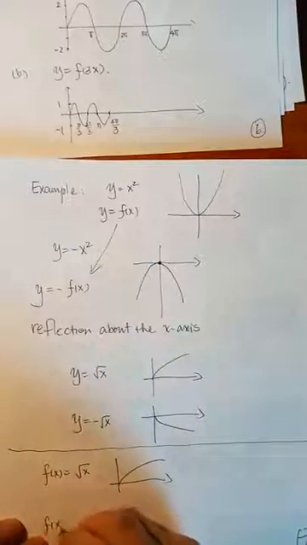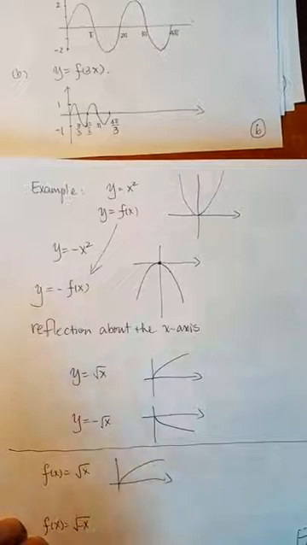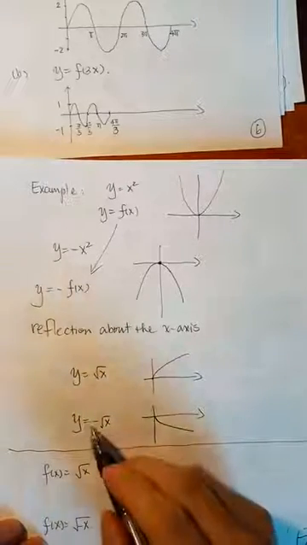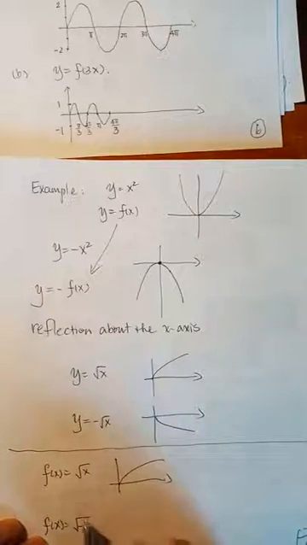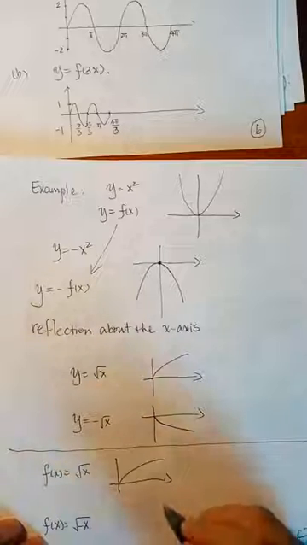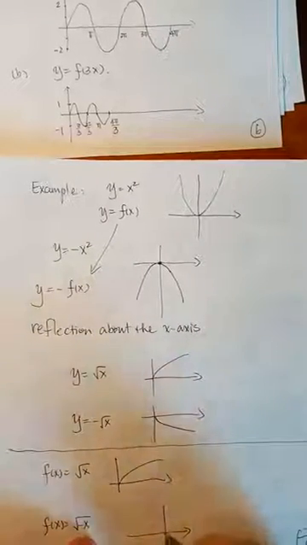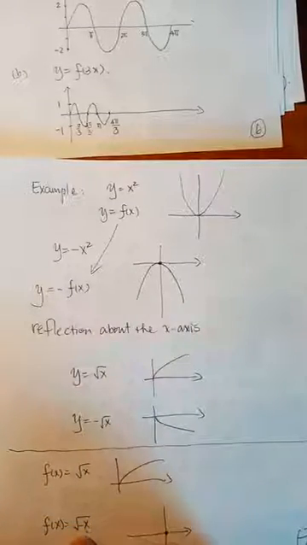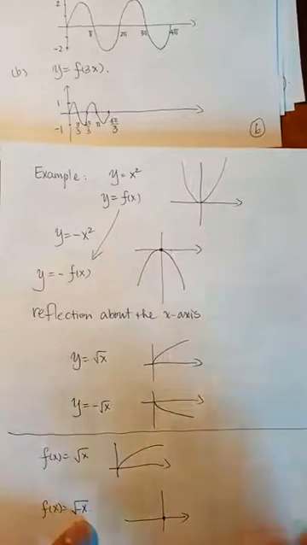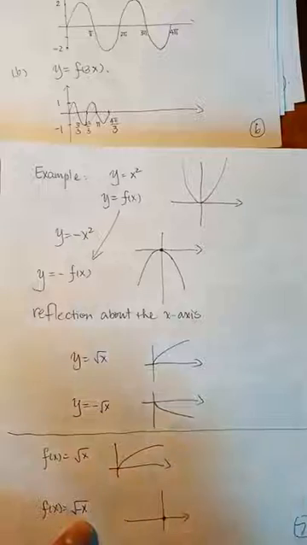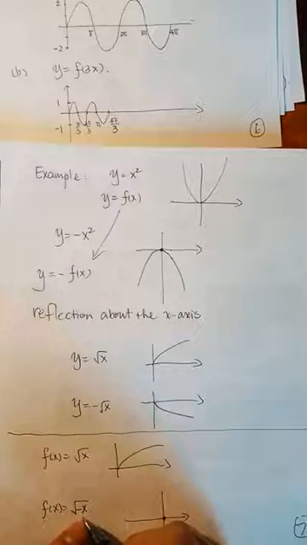What happens if we talk about square root of negative x, not a negative square root of x? This is a negative square root of x. Here is a square root of negative x. Let's check. First of all, when x is 0, you have 0. When x is 1, it's negative 1. Square root of negative 1 is undefined, so you cannot have the right part. You have to choose x equal to negative 1.